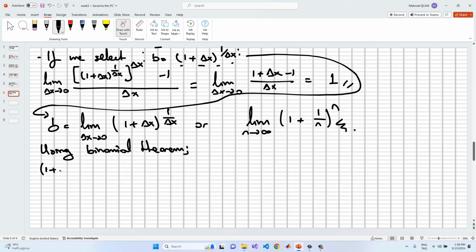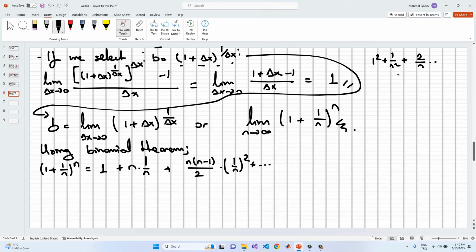So 1 plus 1 divided by n to the n is equal to 1 plus n times 1 divided by n, plus n times (n minus 1) over 2 times 1 divided by n squared, plus and so on. This is the binomial expansion. For example, if you use 2 here, taking the square, you get 1 squared plus 2 times 1 divided by n plus 1 divided by n squared. Just remember that.